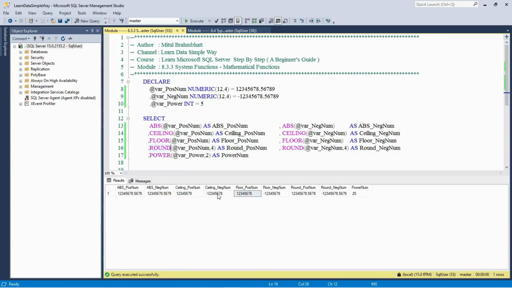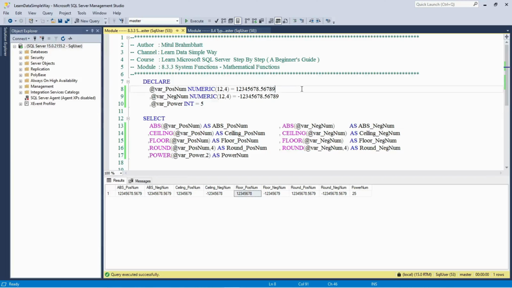And then the round function. Now in the case of a round function, what will happen is, if you pass a positive number to it, it will round it to 4 digits after the decimal point. So in our case, we have 5 digits after the decimal point, 5, 6, 7, 8, 9.